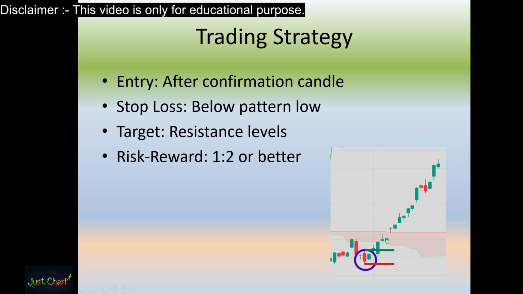But if the price reverses and goes below the support of this selling candle, then that should be the stop loss and we should get out of that position. So these are the two trading strategies. After the confirmation, get into the position and ride that position. If it comes down below support, then take the stop loss and get out of that position.